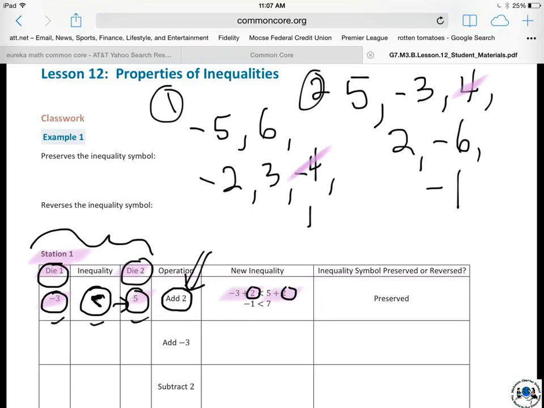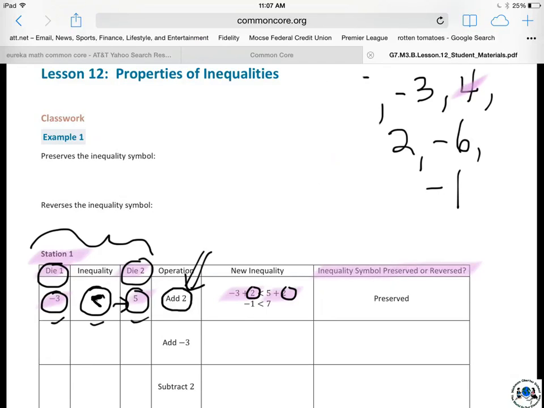Now the part I wanted to talk to you about, which may need some explanation, is this here: is the inequality symbol preserved or reversed? Let me explain that to you. Let's go ahead and take some notes right in this section up here underneath example 1.